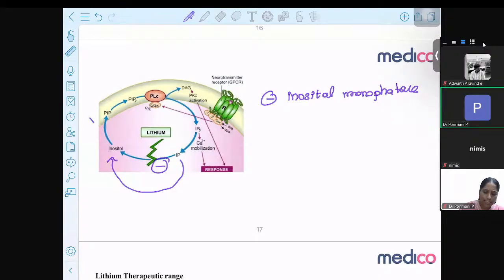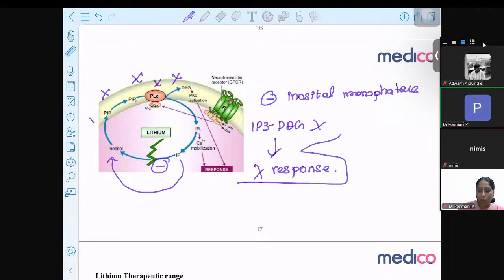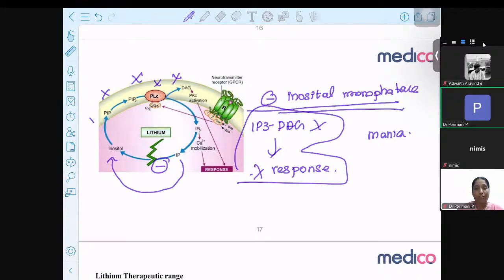So all these steps will be affected, and hence the phospholipase C will also get affected, and the intracellular signaling is affected. So IP3-DAG signaling will not happen, and hence no response is elicited. This is how it helps patients with mania, that is, it inhibits the inositol monophosphate pathway.